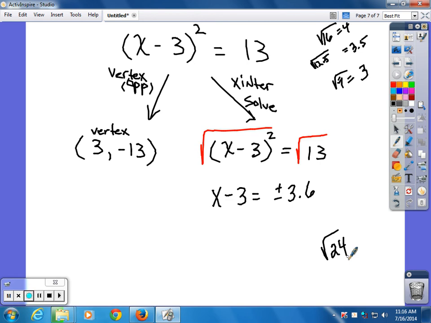Square root of 25, square root of 16, because 24 is between 16 and 25. But you automatically know that that's going to be around 4.9, because what's the square root of 25? So that's around 4.9. Okay, but you pick your squares depending on where that is.